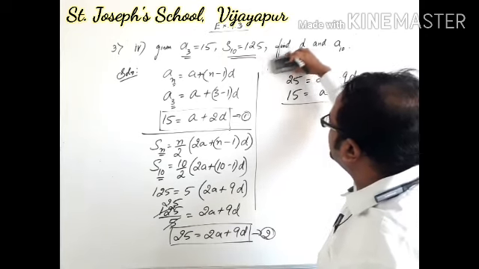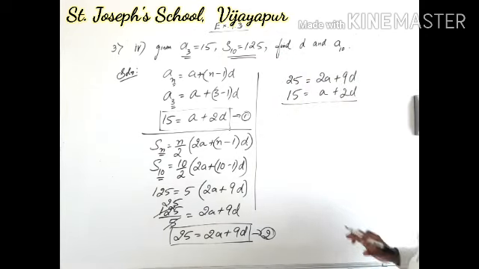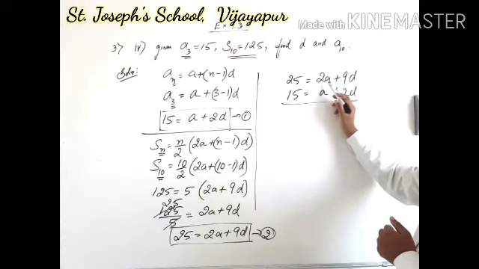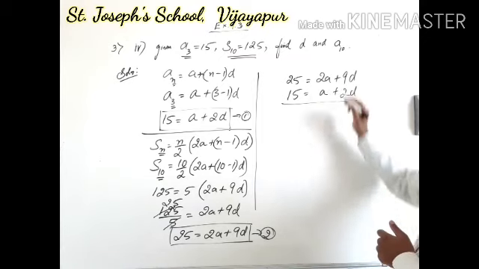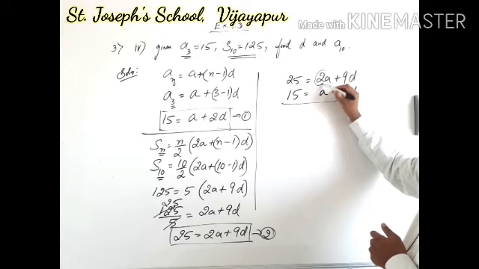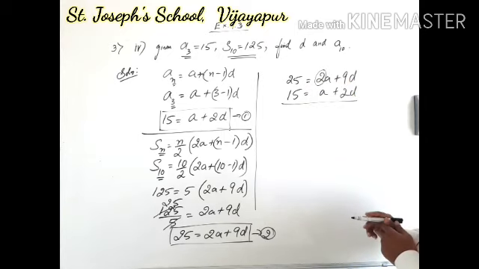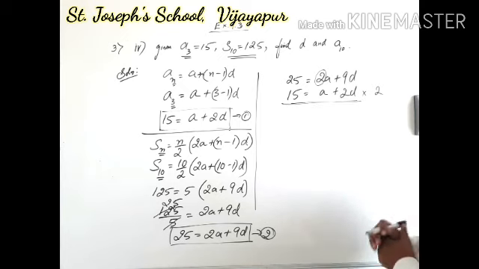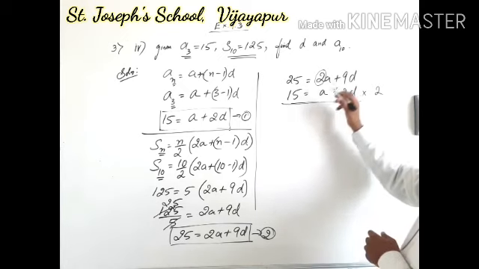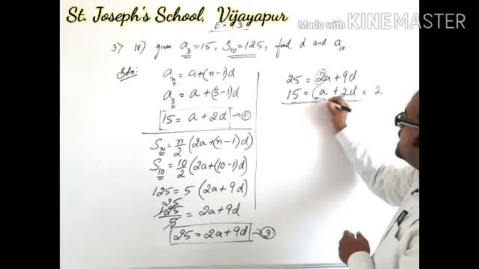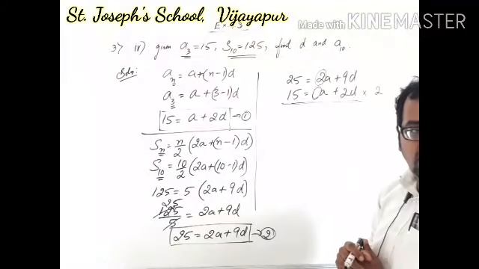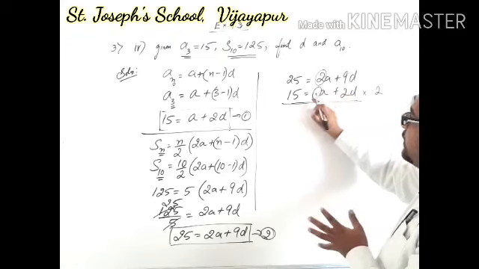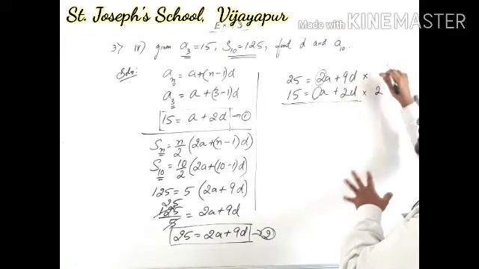Then what to do? First, we will try to decide which variable needs to go. If I want to remove a, the coefficient of a in the first equation will be multiplied to the whole second equation, and the coefficient of a in the second equation, which is 1 in this case, will be multiplied to the first one.